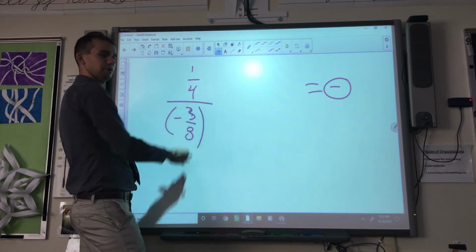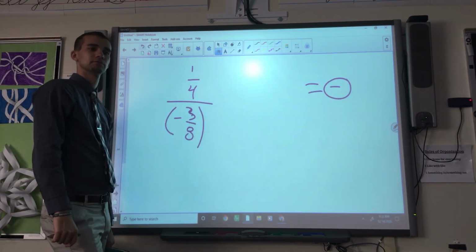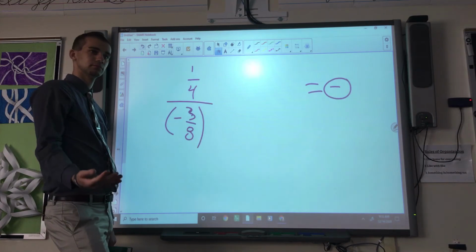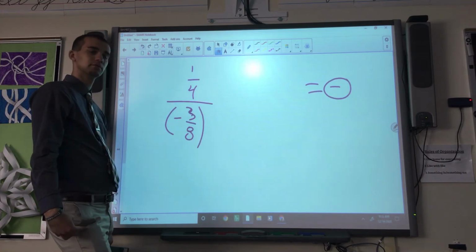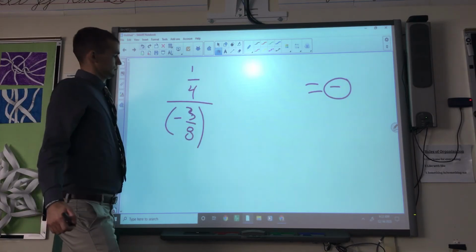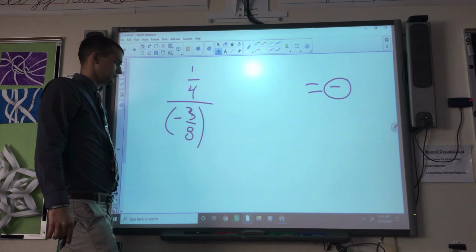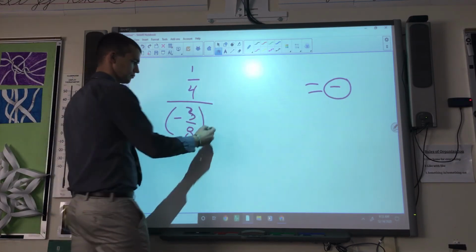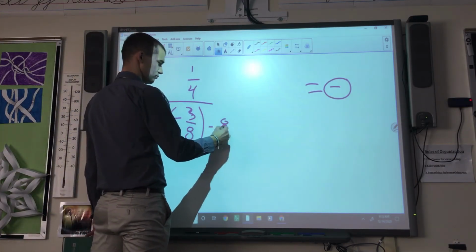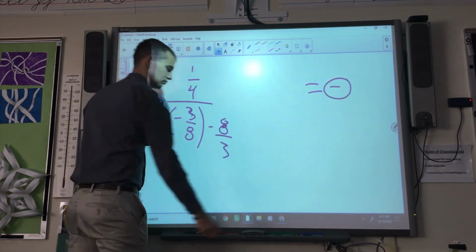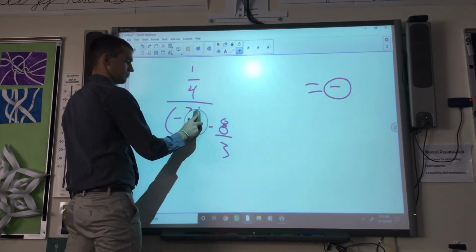Alright, so it's already written as dividing by. You have to switch it to become 8 over 3, negative 8 over 3, and then do 1/4 times negative 8 over 3.